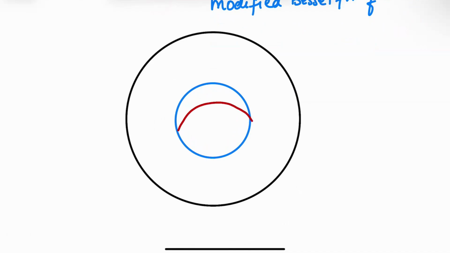It's something like that, and then it decays exponentially in there. So that's one mode. Another mode might be something like this.